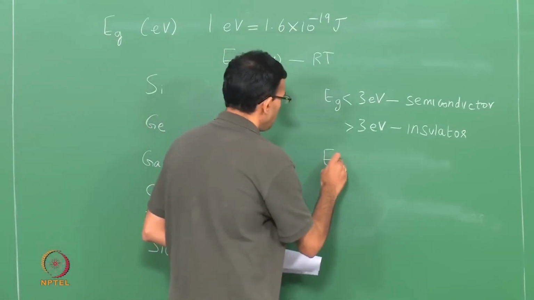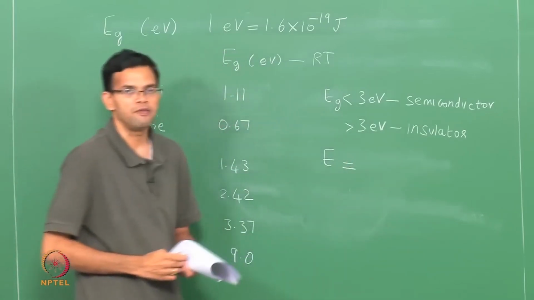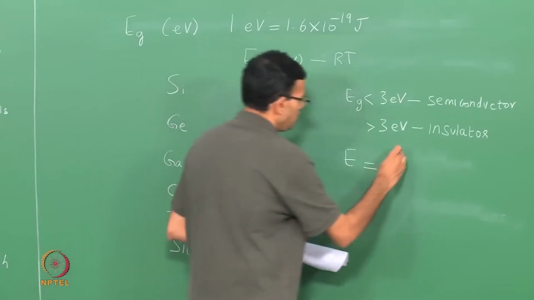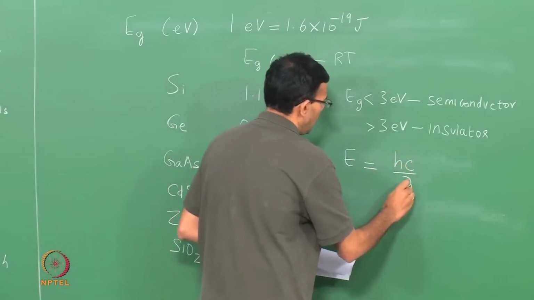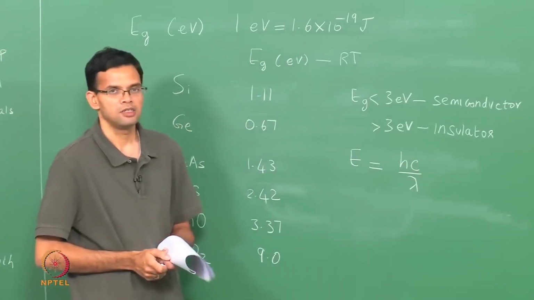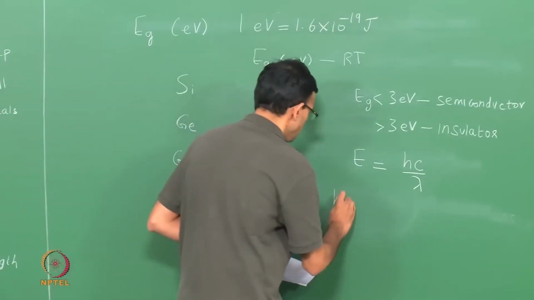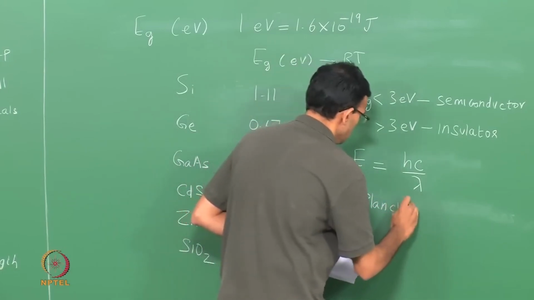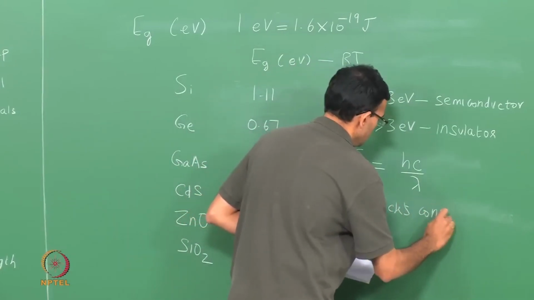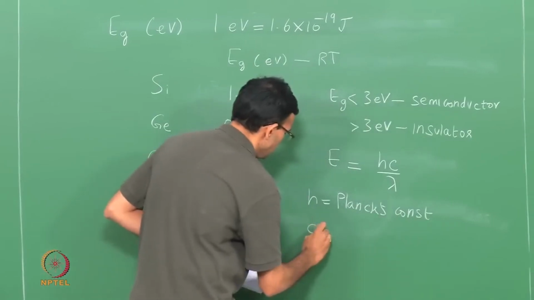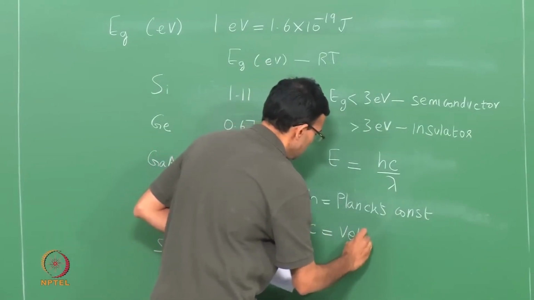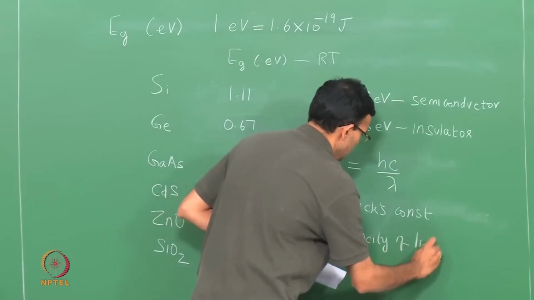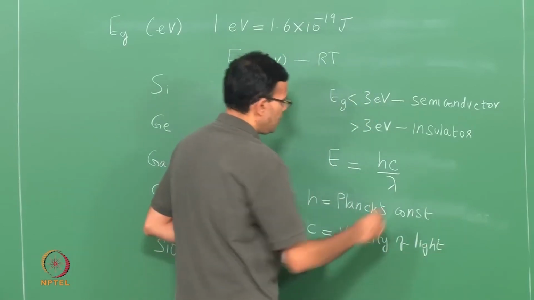For example, if you want to convert energy into wavelength, in the case of electromagnetic radiation, E is nothing but hc over lambda, where h is the Planck's constant, c is the velocity of light, and lambda is the wavelength.